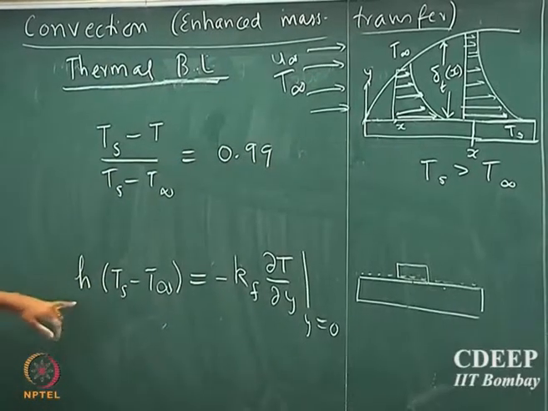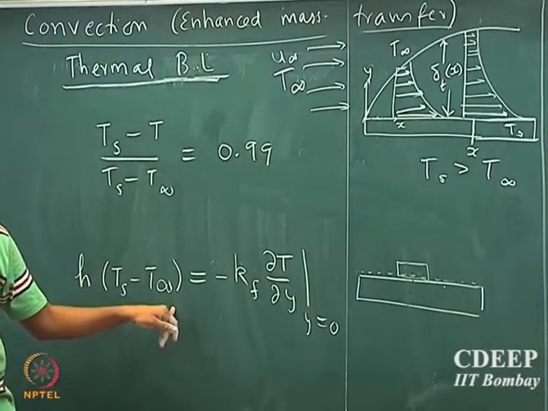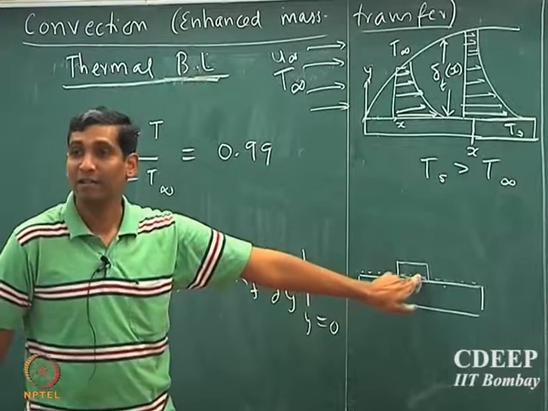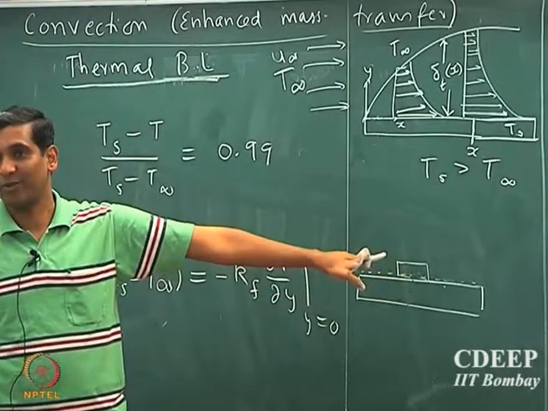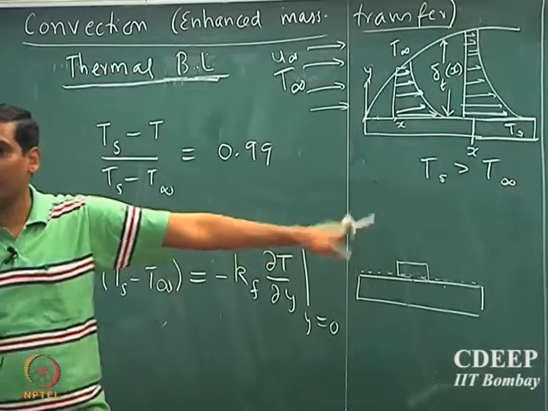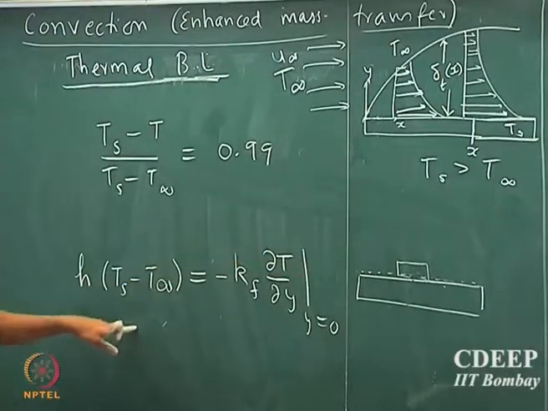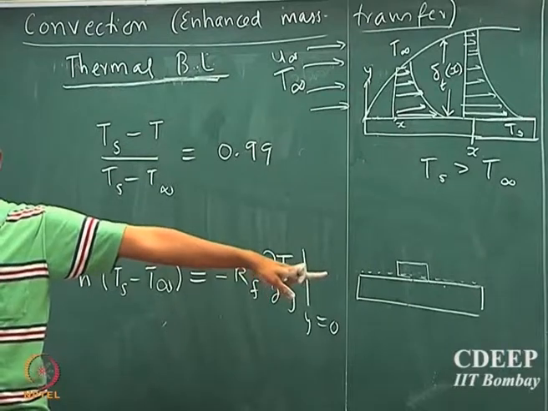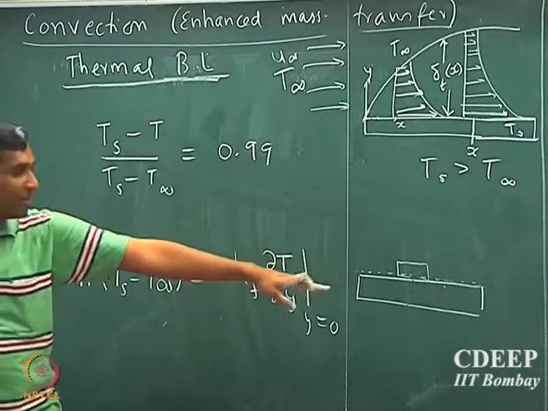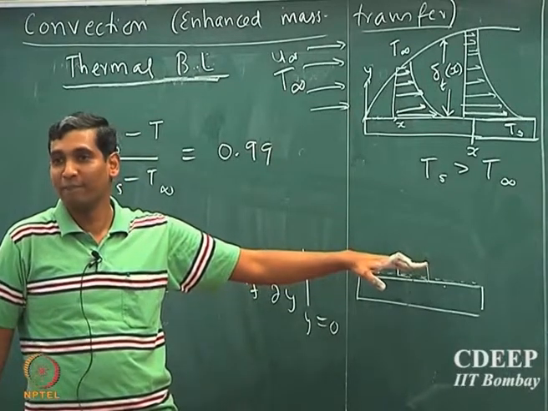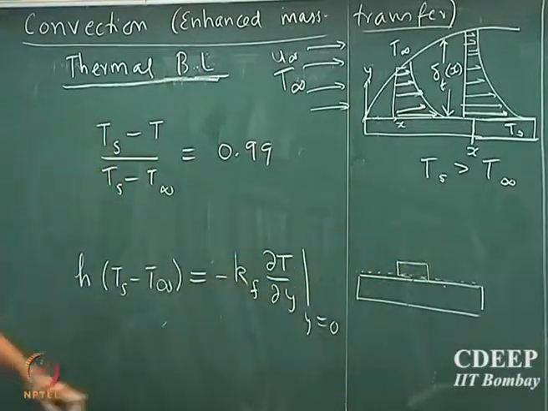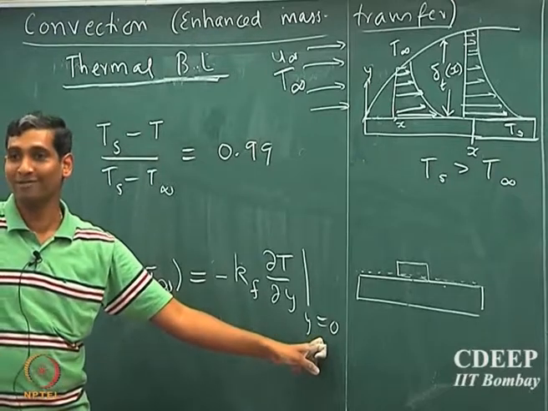So therefore the local flux h into Ts minus T infinity balance is only at the boundary where the velocity is 0, only at the interface. We are able to do this simply because of the observation that there is no slip between the particles sitting right at the interface of the solid and the fluid. So we are not neglecting convection. Note that I said it's y equal to 0, right.